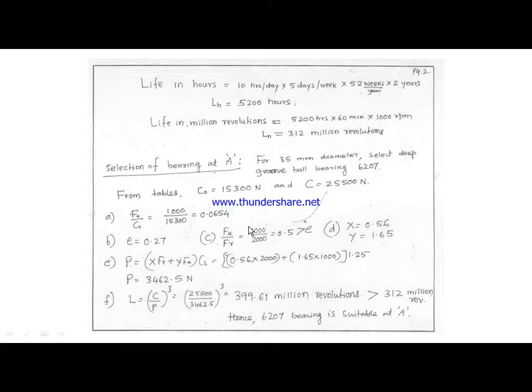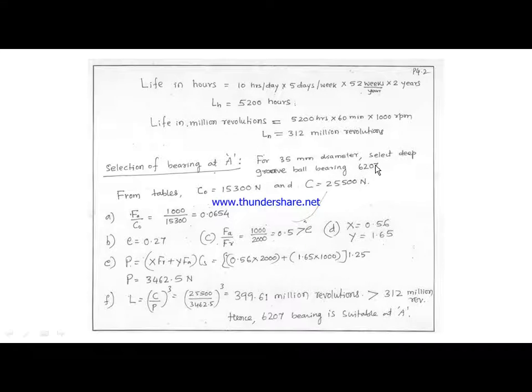Now let us select the bearing for location A. As you know, the shaft diameter is 35 millimeter, and the corresponding bearing bore diameter is also to be 35 millimeter. Now let us select a deep groove ball bearing. 6 means deep groove, 2 means light series, 07.